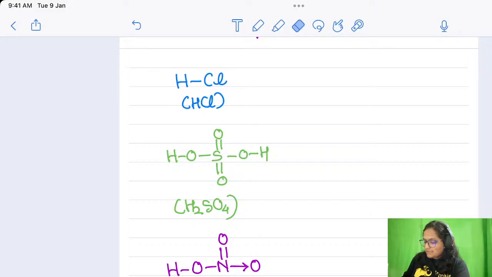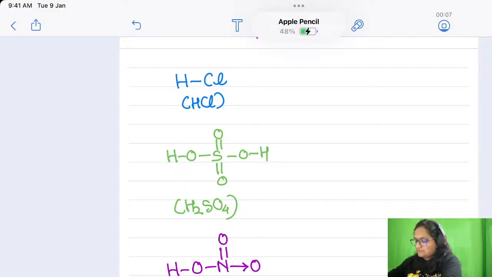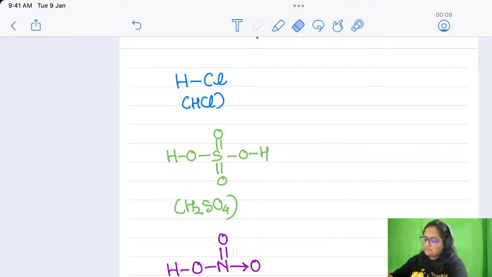HNO3 is nothing but nitric acid. H2SO4 sulfuric acid, which I have told you already.